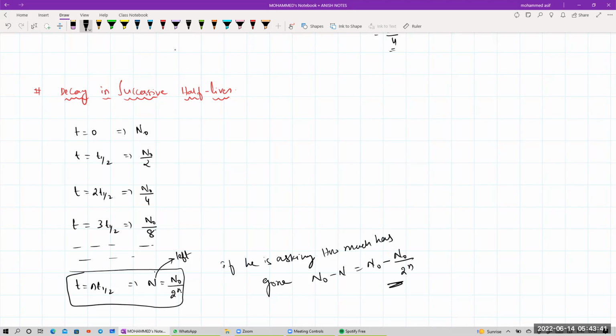Left है. N is equal to N naught divided by 2 power of n is left. So what is gone? यानी कितना डिके हो चुका है? That means N naught minus N, that is N naught minus N naught divided by 2 power of n. Clear?